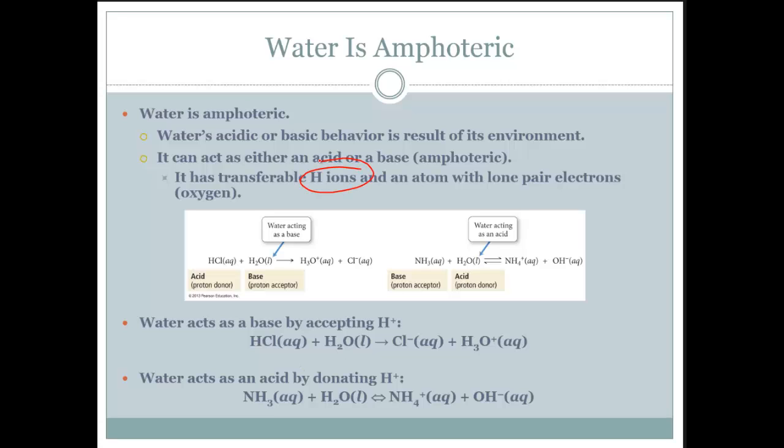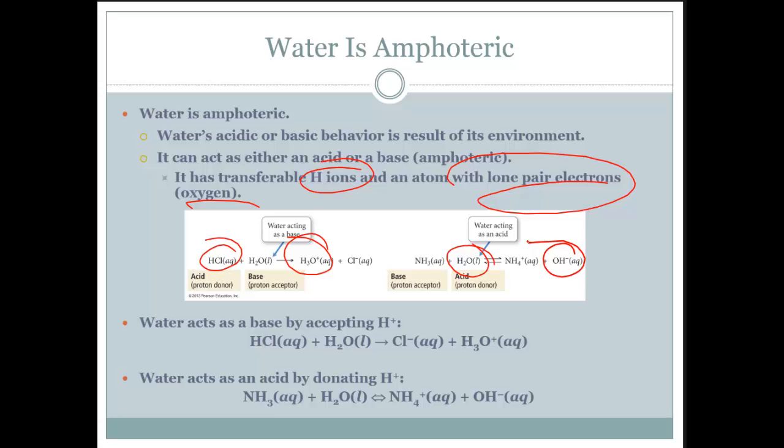It also has a pair of electrons from the oxygen to absorb a hydrogen. So if we look at this first example, the hydrogen from the HCl is getting absorbed into H3O+, meaning that the water is now acting as a base as it absorbs the hydrogen. Here, it gives off a hydrogen, meaning that it's acting as an acid.